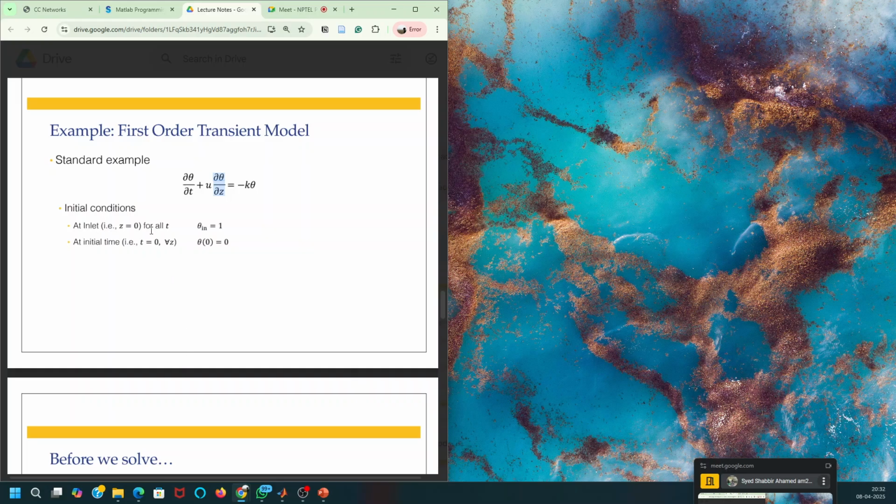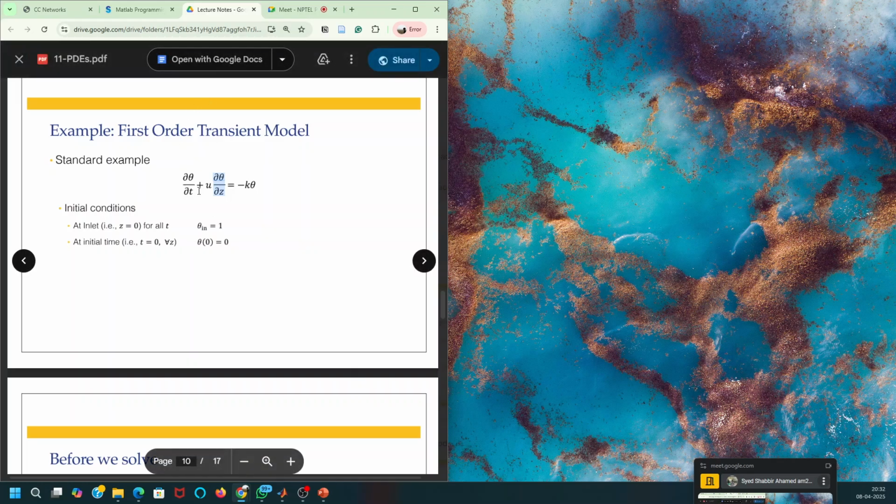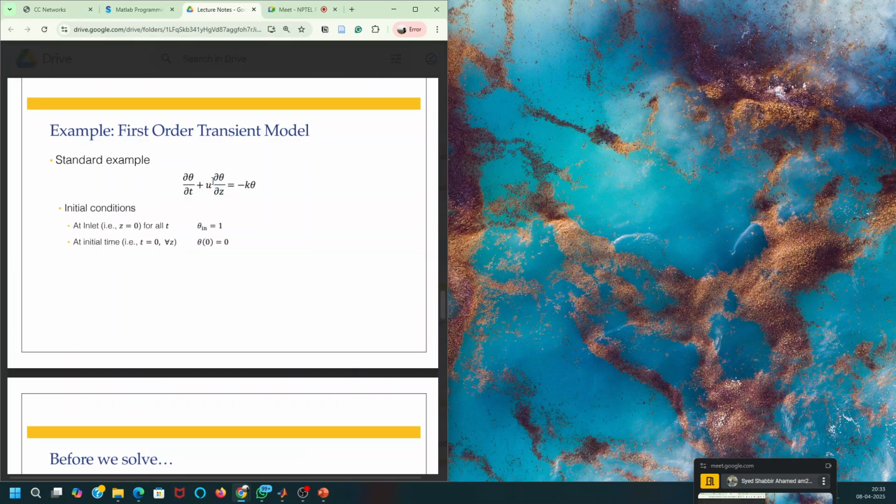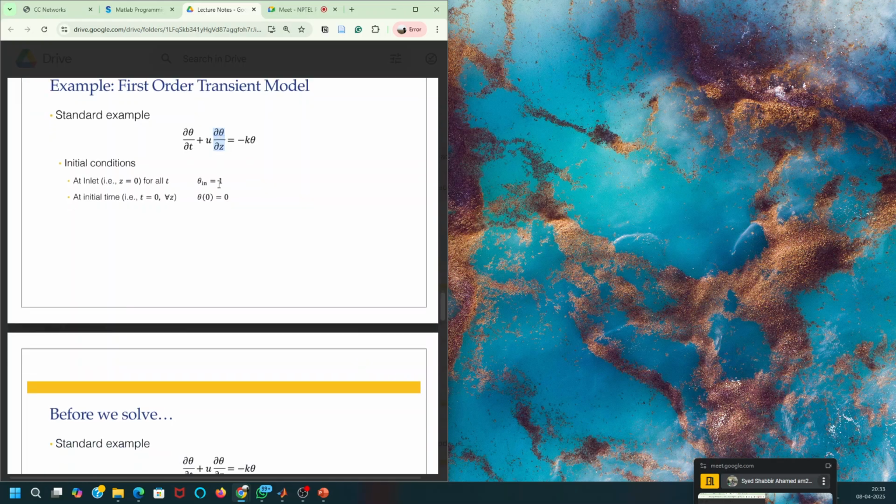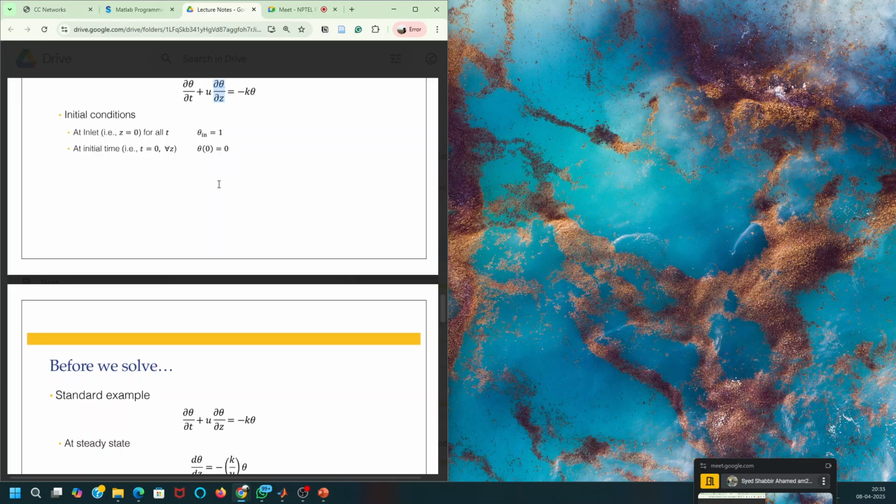The initial conditions are given, and also the boundary conditions are given. So if I use the central difference scheme for the first order partial differential equation, we saw in the lecture that this was not giving correct solutions.